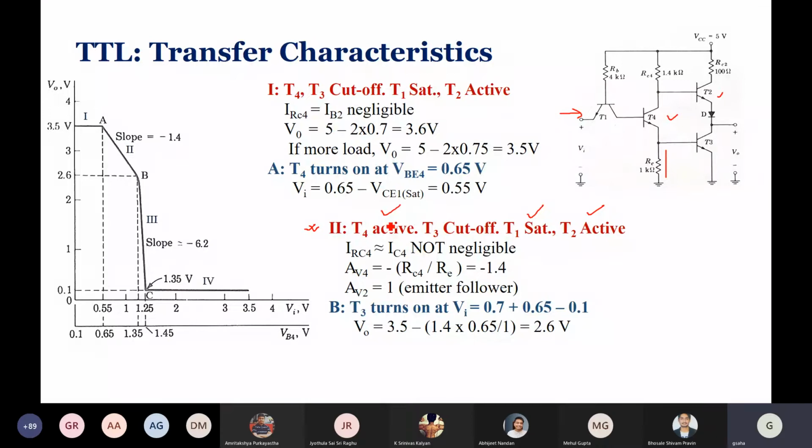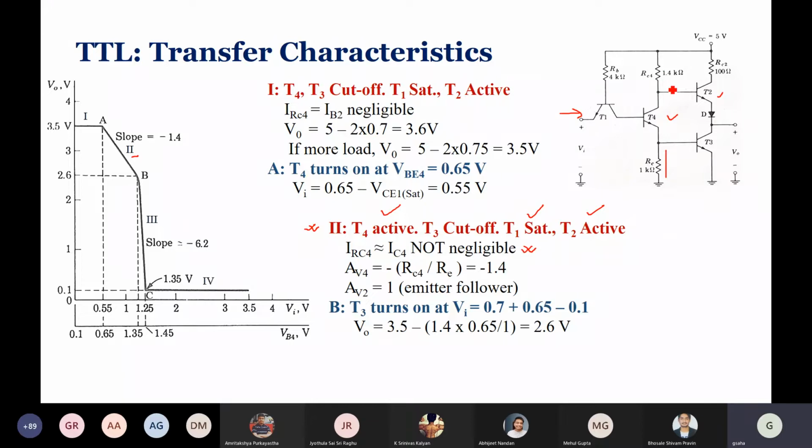Now in this region 2, what is happening? These are the considerations, and again some approximations are there. So IRC4 and IC4 are no longer negligible.